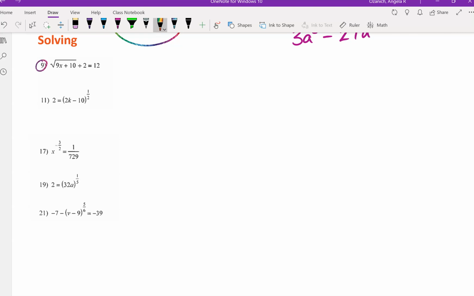For example, on number 9, I think what I would do on number 9 is subtract 2 from both sides first. So again, this goes back to what we were talking about in class, where you need to isolate the square root, and you would have it equal to 10, and then we can square both sides. So we get 9x plus 10 is equal to 100, and subtract.